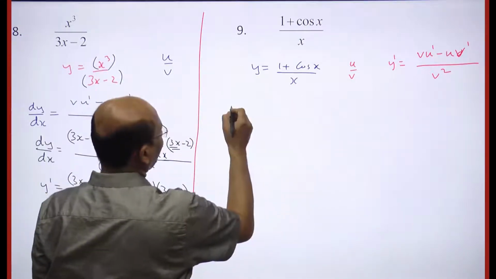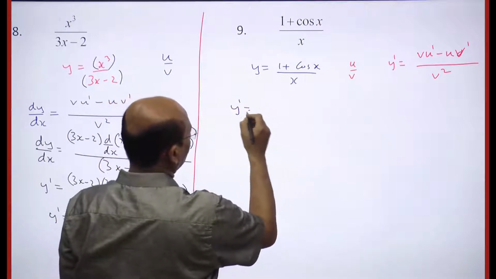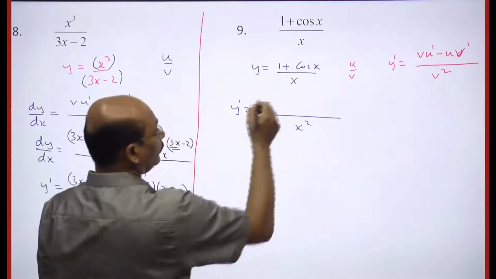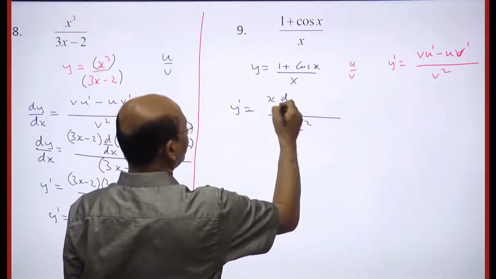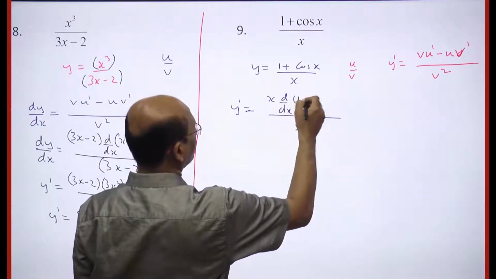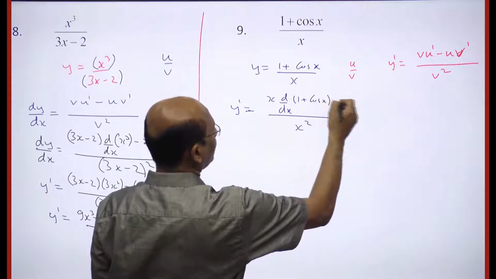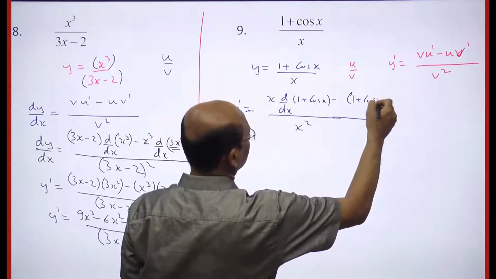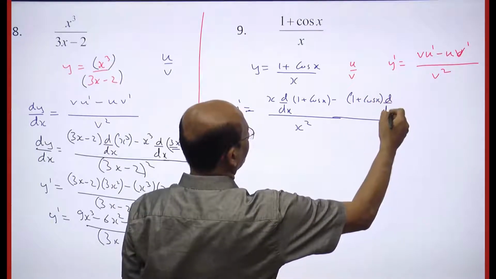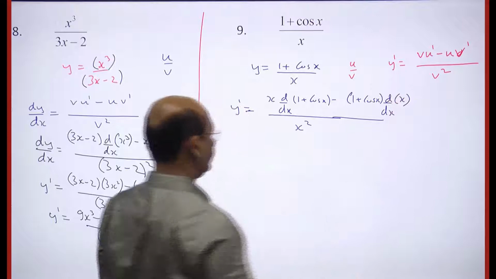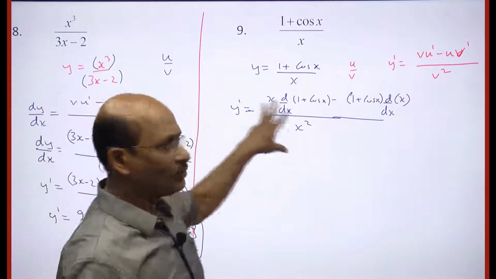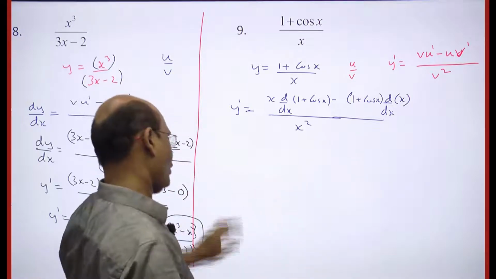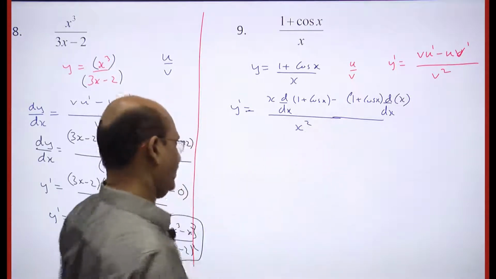Now y dash, v square, don't forget it, v derivative of u minus u derivative of v. So once you place yourself into this formula as it is, then it's just a cakewalk, because the level of derivative is very cheap.